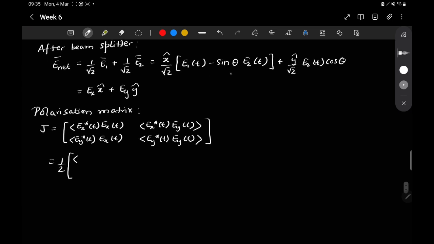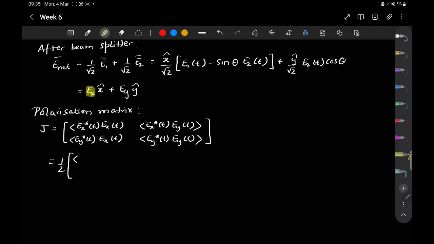So this is the x component, and this is the y component.